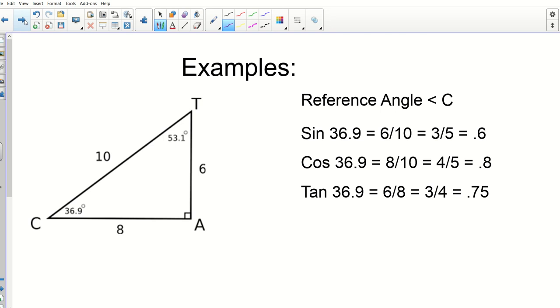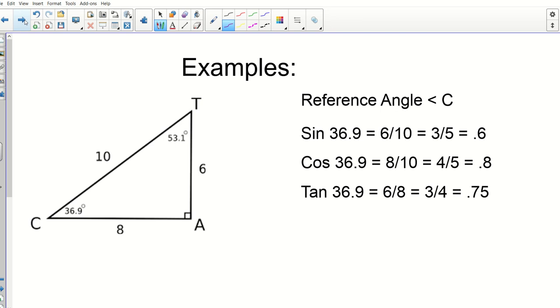The cosine of 36.9 degrees is going to be the ratio of the adjacent to the hypotenuse. So in this triangle, the side length of the adjacent is 8. The hypotenuse, once again, is 10. So the cosine of 36.9 is equivalent to 8 over 10. As a reduced fraction, that's 4/5. As a decimal, it's 0.8.